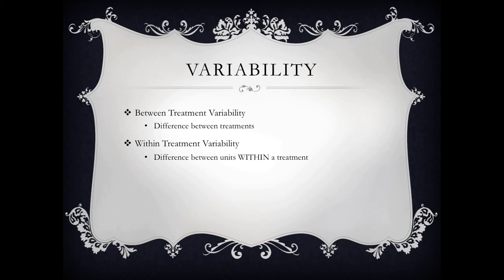That would be the difference between two people receiving the same medication and the way that they respond, as opposed to between treatment variability, which would be looking at how subjects respond between two different treatments, maybe two different levels of medication.